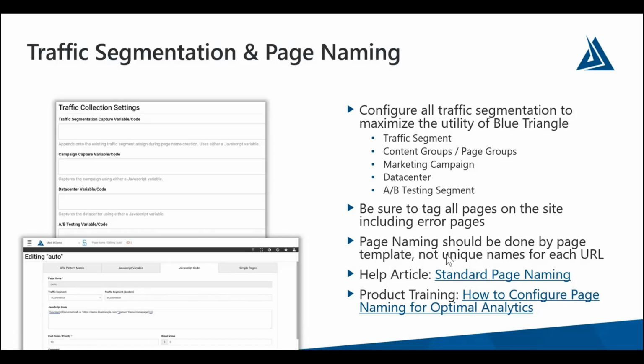So page naming in most cases needs to be done by a page template. So that would be product detail page or category page or account sign up page and that sort of thing. I've included a help article here as well as a product training if you're interested in checking those out. Those are some great resources for this.